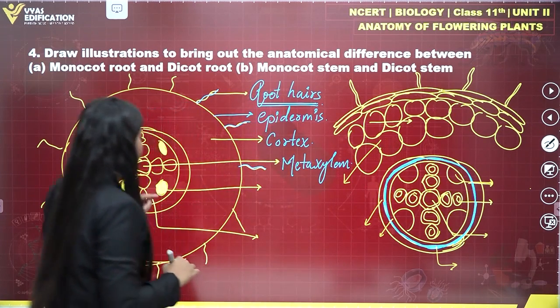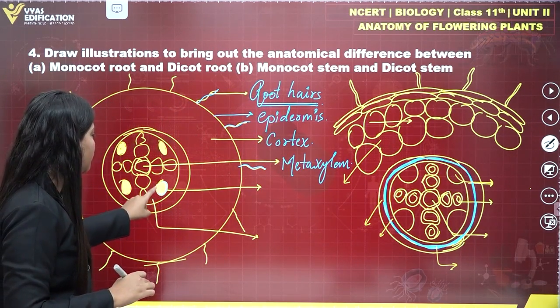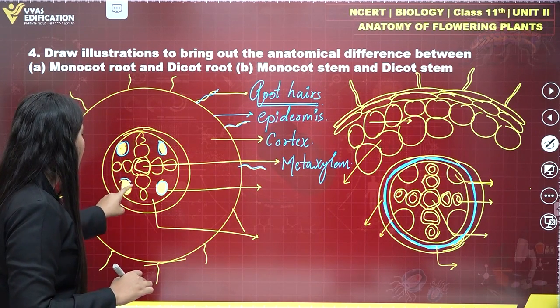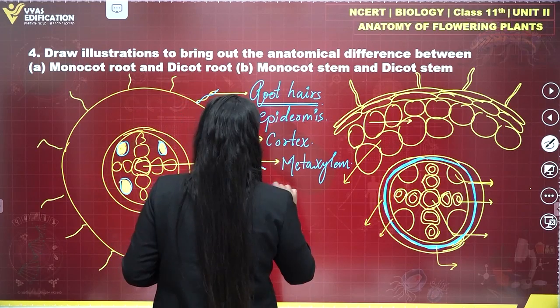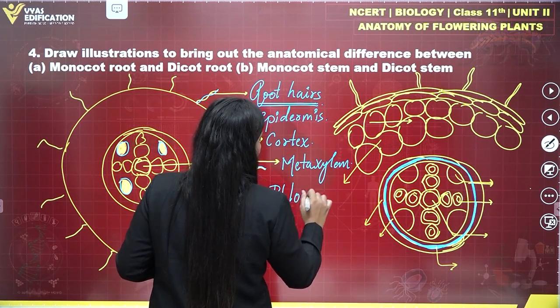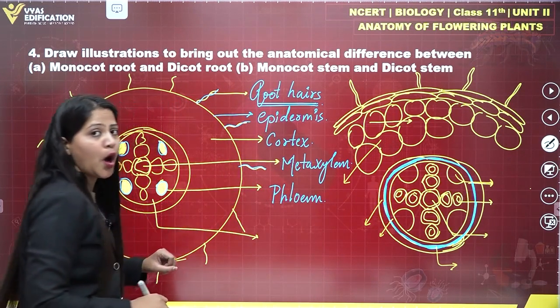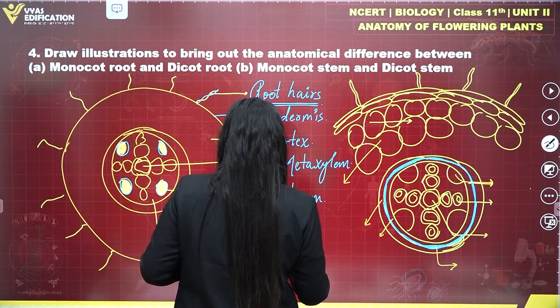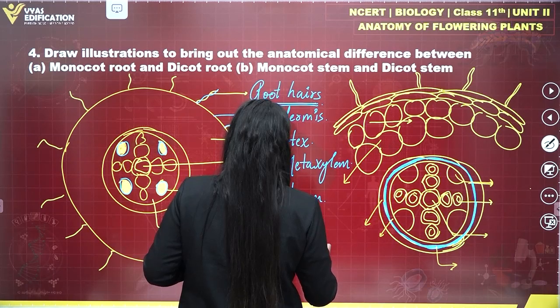Then again, these structures you can see are phloem. These are phloem in monocot roots, right? And this is your conjunctive tissue.